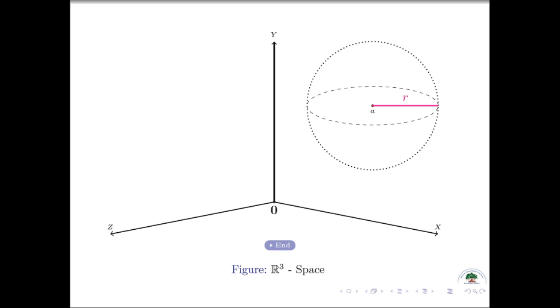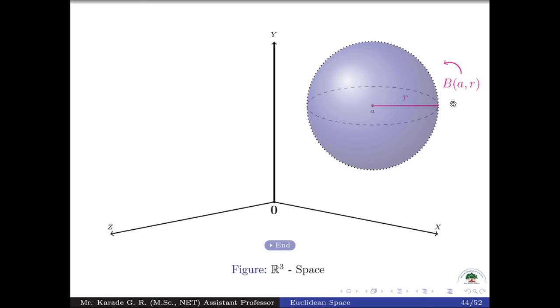Here we have drawn a sphere without boundaries, and we shade all the points in the interior of that sphere like this. The set of all points in the interior of this sphere forms an open ball about A with radius r in the three-dimensional space R3.